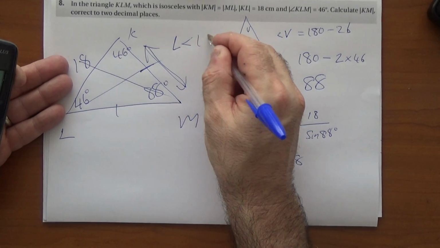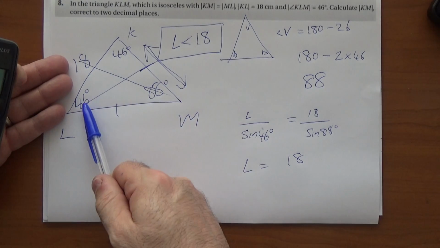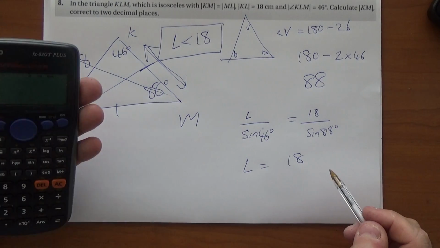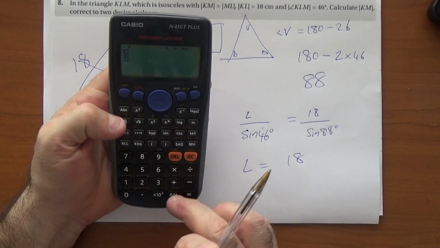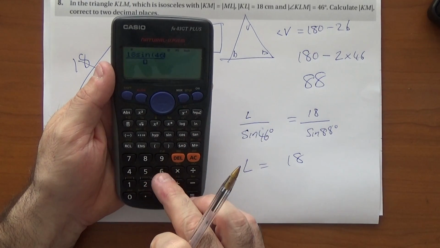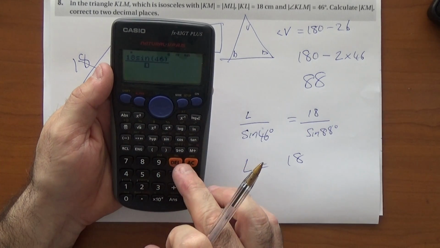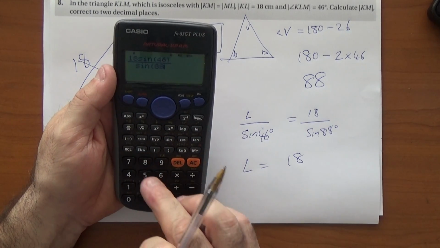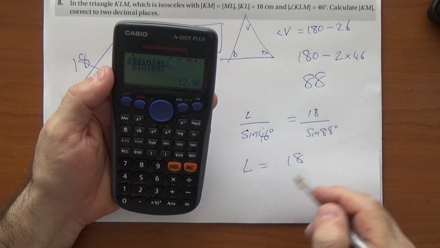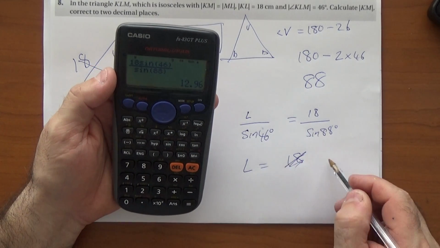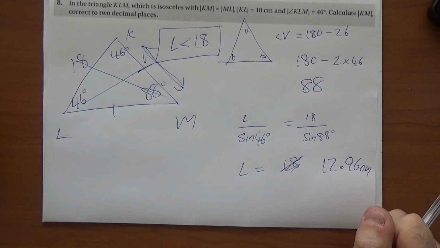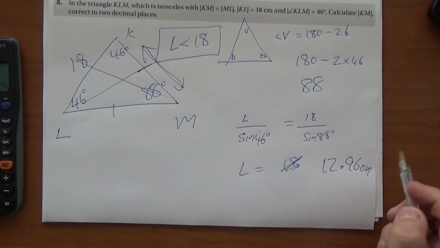Just always think about that sanity check because of the way the angles are. Opposite a smaller angle is less than the side opposite the bigger angle. Pushing on into this calculation now, I have 18 sine 46 over sine 88. Okay, and I'm at the 2 decimal place thing, and I'm getting 12.96. Looking for units, centimeters. Correct to 2 decimal places, done.